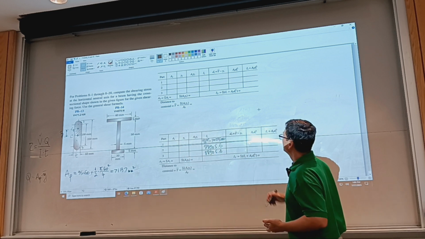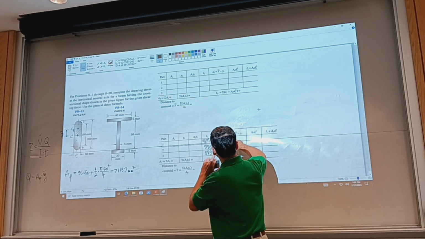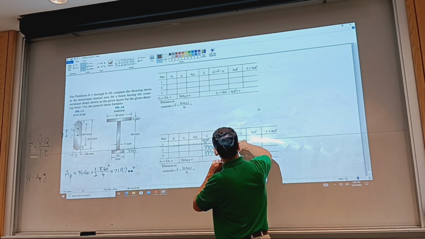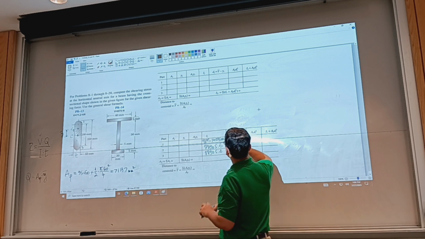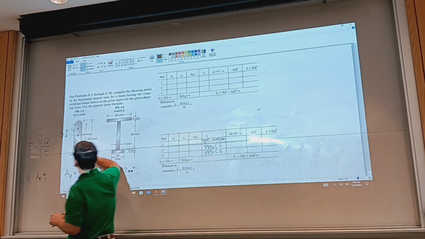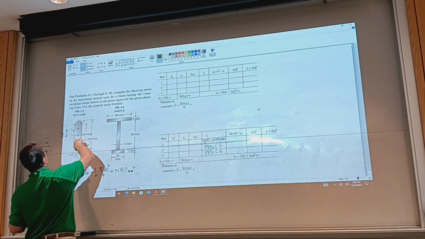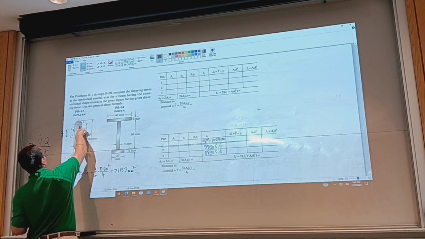Okay, and then to apply the parallel axis theorem, I need to evaluate these distances. The distance between the centroid of the assembly and the centroid of the big rectangle is 0.